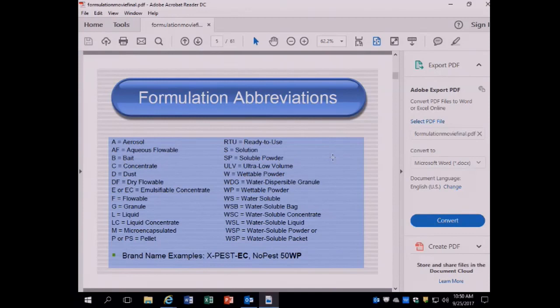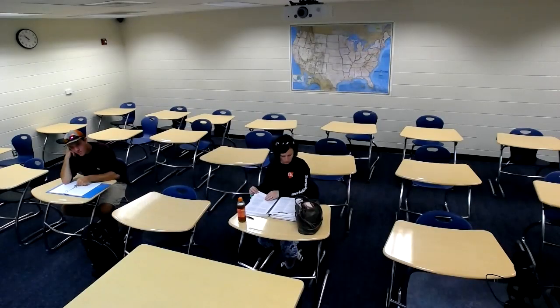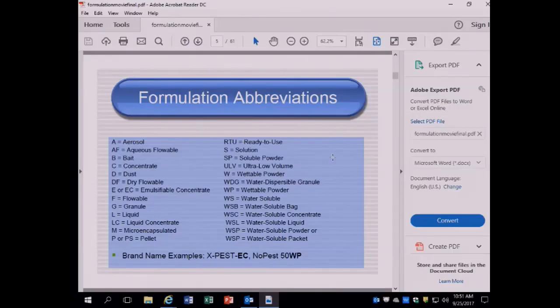ULV is ultra-low volume. That's not really a pesticide formulation. That's more of a method of application. You've got wettable powder, water dispersible granular. WP again is wettable powder.